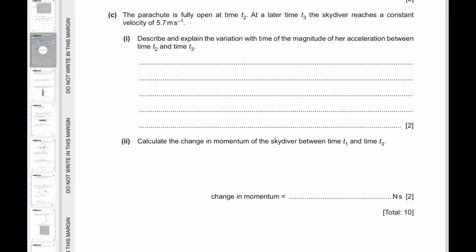That means when the parachute is fully open at T2 and beginning from T2 until T3, the skydiver will decelerate, or the skydiver's velocity will decrease, and after T3 the diver will move at this constant velocity.